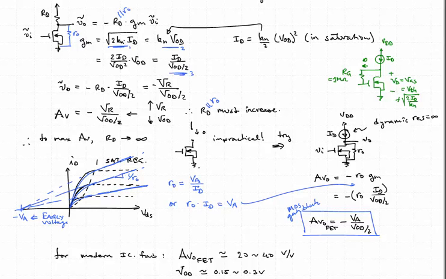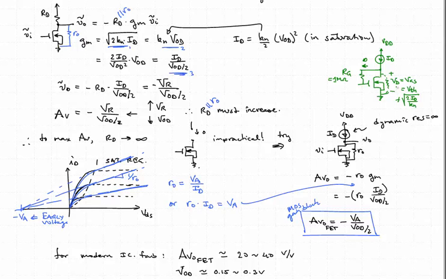And really what this RG is employing is negative feedback, right? Negative feedback, because if the current of the transistor, if the channel current decreases, more of the ID current will go through RO, thereby raising the drain voltage.